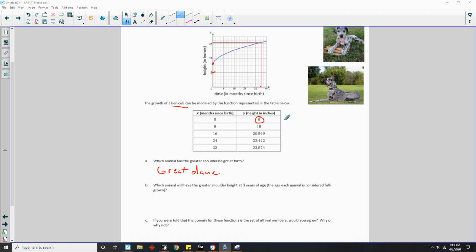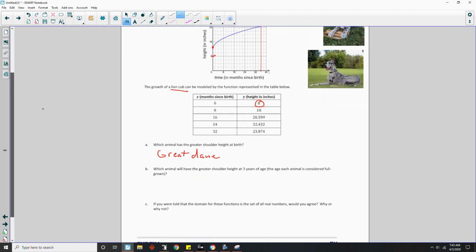Okay, so the lion's shoulder height at 36 months, 20, 22, 23.8. At 36, it's approaching 24. It'd be over 24, so I'd say approximately 25 inches, maybe. Okay.